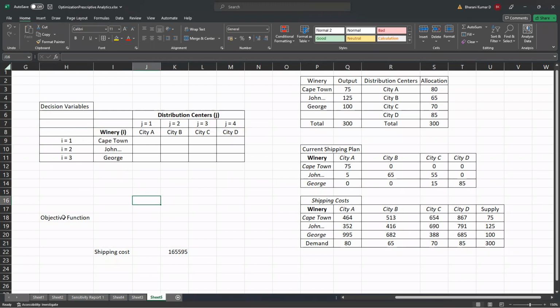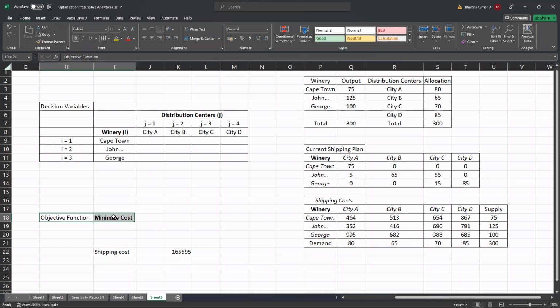Then you also need to record constraints, but let's write the objective function first. The objective function is to minimize the cost of transportation. This is the transportation problem that we are trying to solve. Here you need to record that the cost of transporting from Cape Town to city is 464.